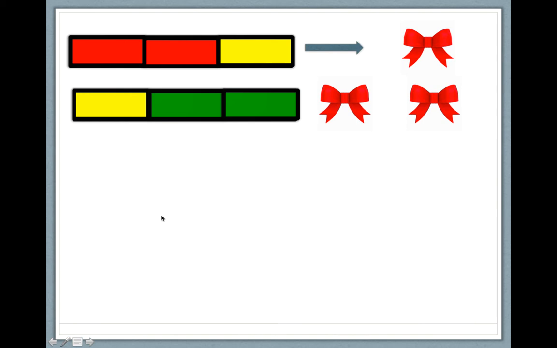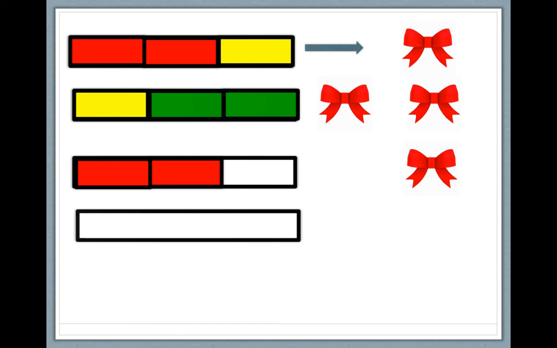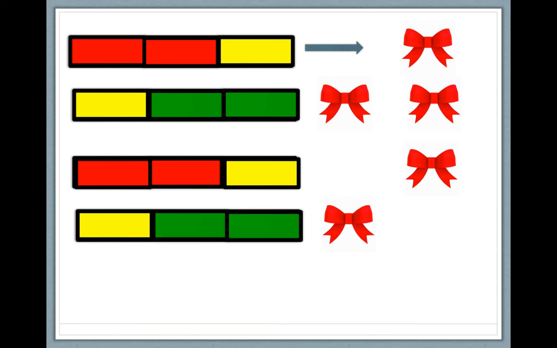Let's take that slower. So here's another ribbon because I need more to make bows. Same thing, 2/3 will give me 1 bow. I'll need another yard of ribbon, and here are 2 more thirds to make that 5th bow, and then those 2 more thirds will make that 6th bow. But I need a 7th bow.